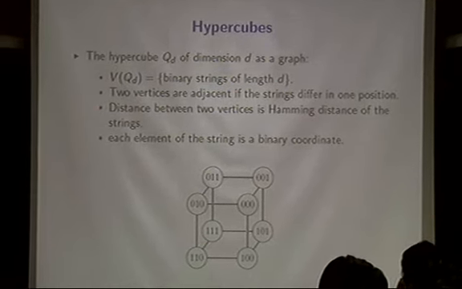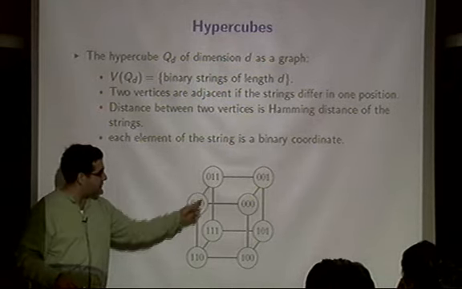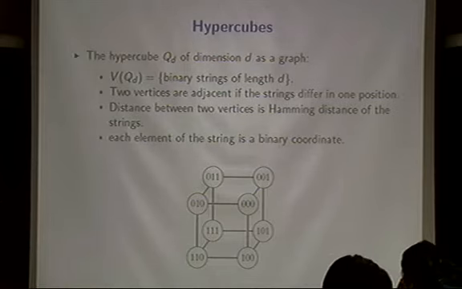So here we have this string and this string, they differ in the third position, so we put an edge between them. And we only use binary symbols, zeros and ones. The distance between two vertices in the graph, and here there are no weights, this is an unweighted graph, is precisely the Hamming distance of the strings.